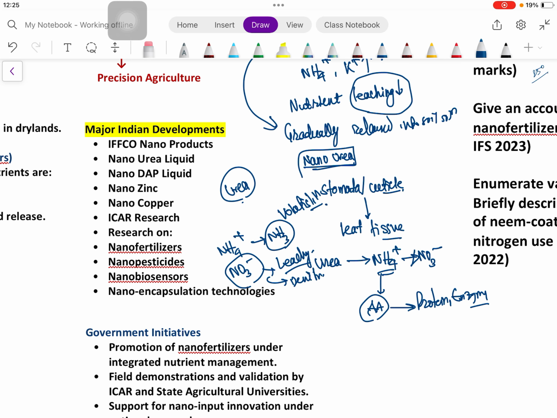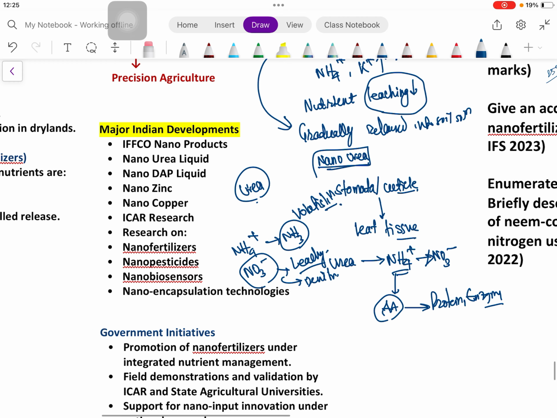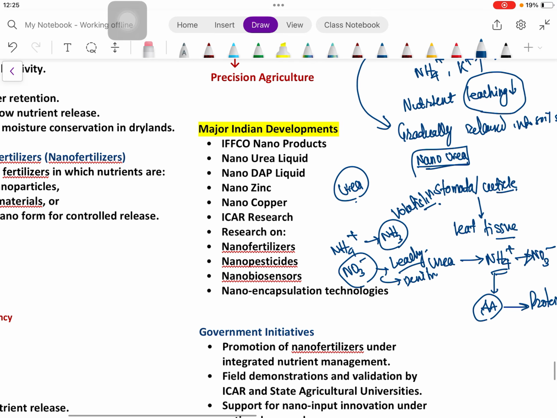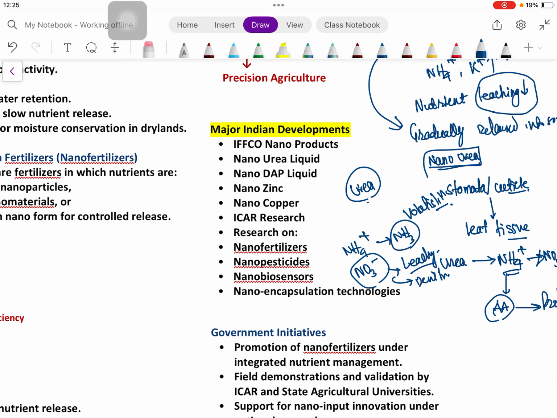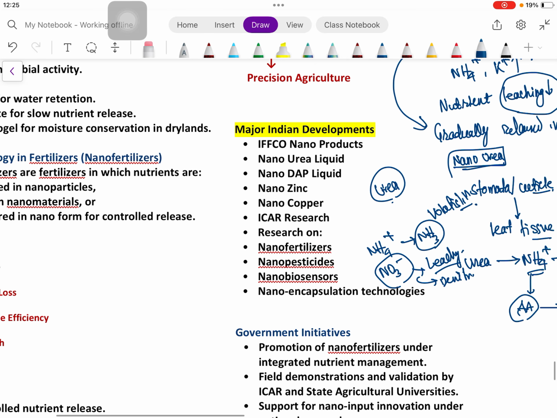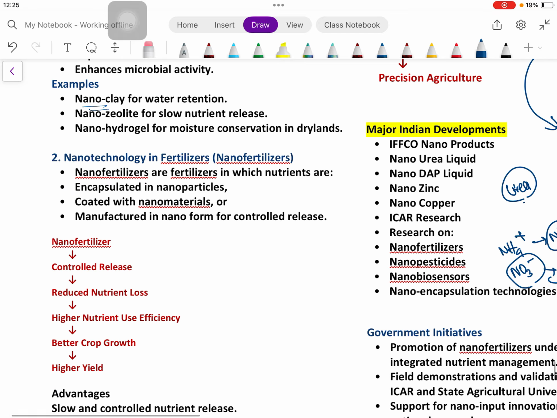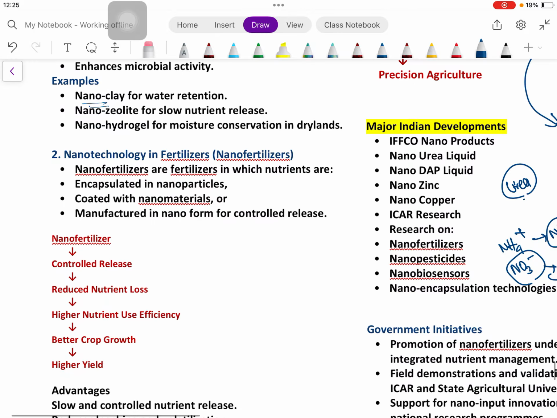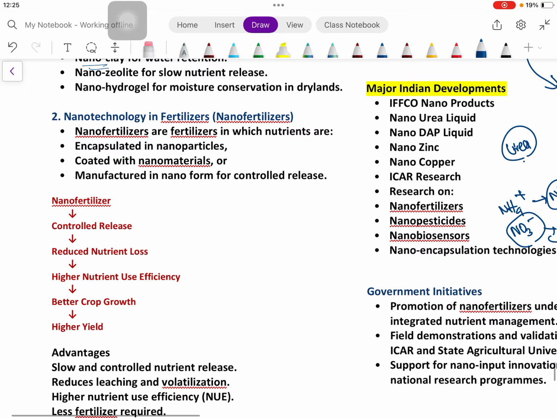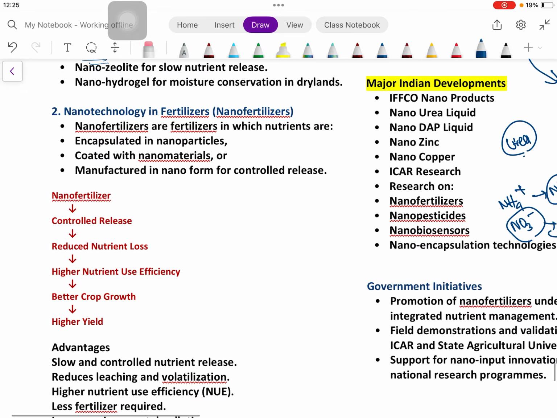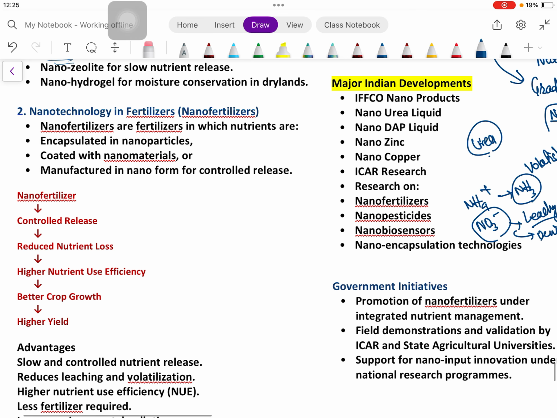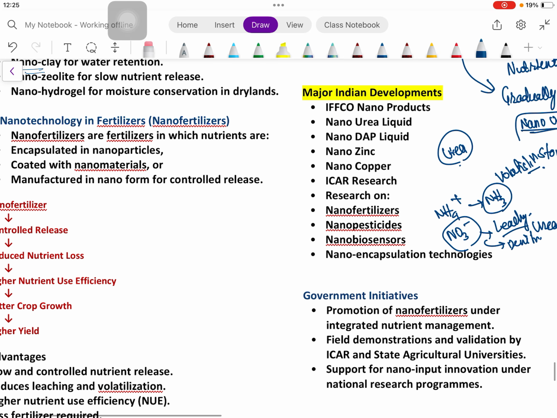When urea is directly taken through the plant tissue, these losses are not there. So many times we are surprised how one bottle of nano urea is equivalent to 50 or 60 kg or more of urea per hectare. So this is the basic mechanism behind it.